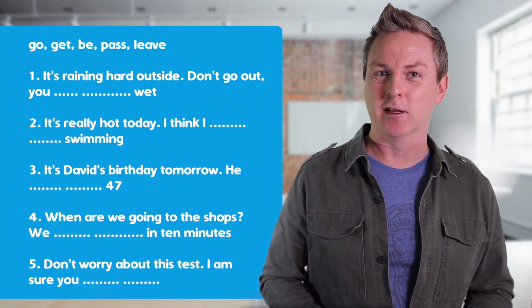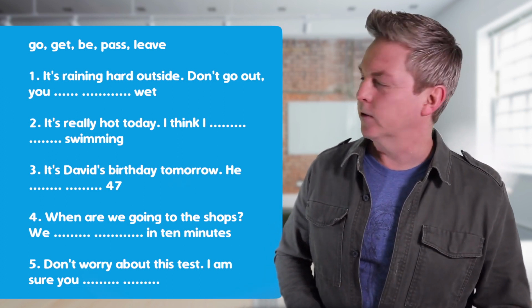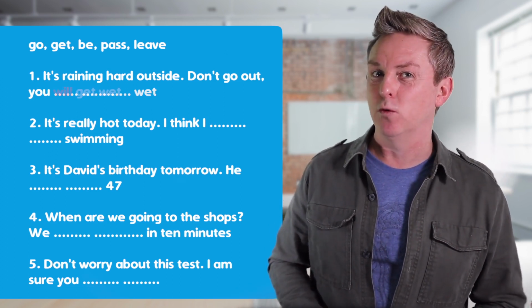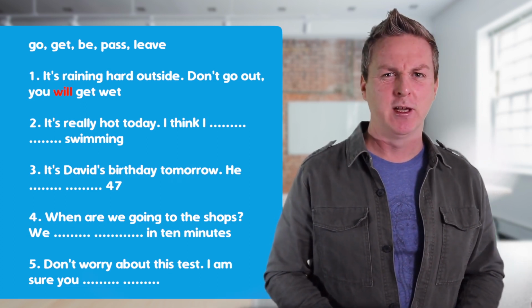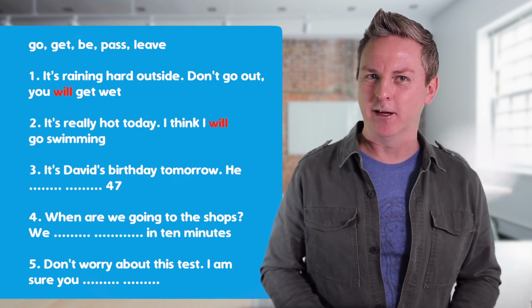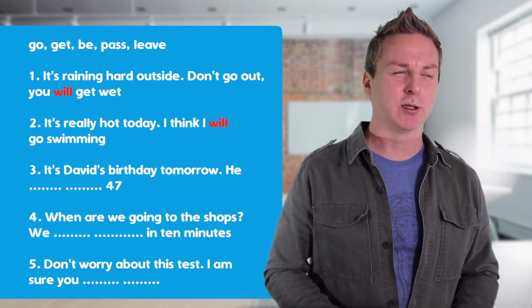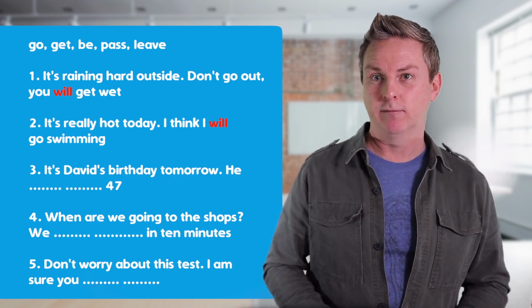Okay, let's check those. Number 1. It's raining hard outside. Don't go out, you will get wet. Number 2. It's really hot today. I think I will go swimming. Number 3. It's David's birthday tomorrow.